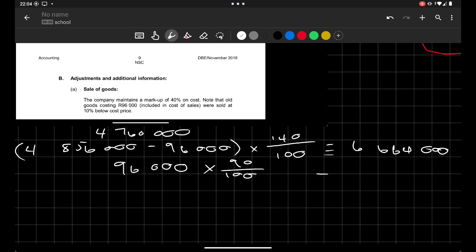And then for the bottom one, the ones that we sold below cost, is 86,400.